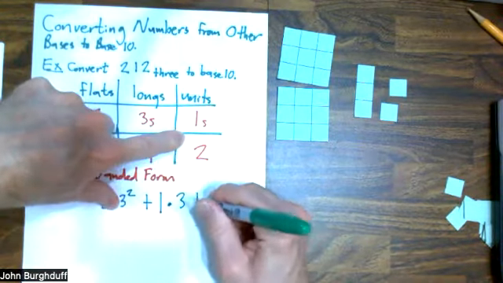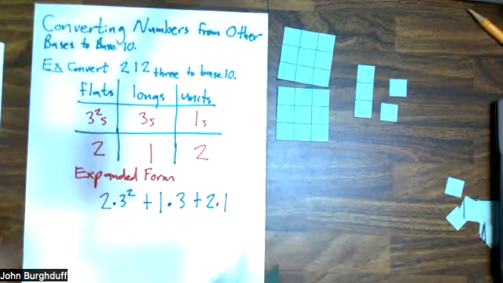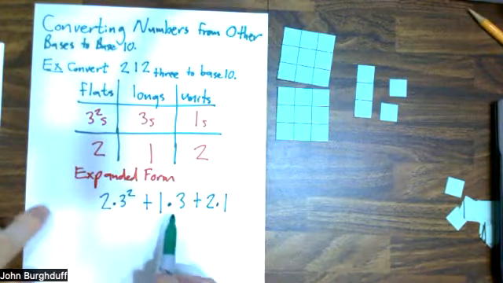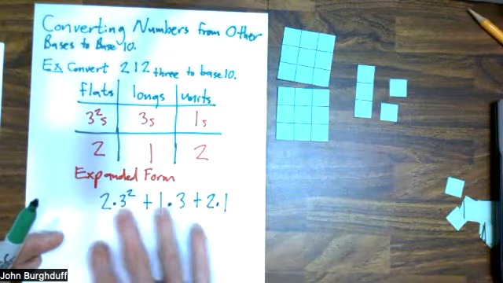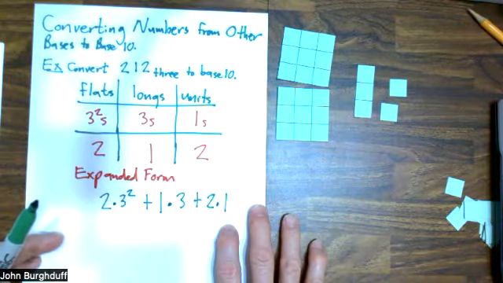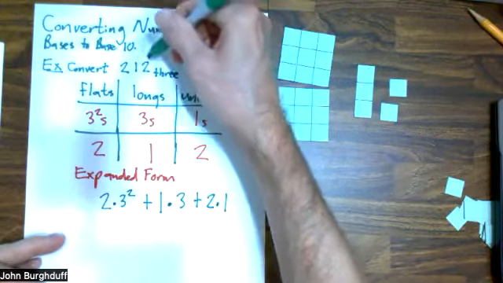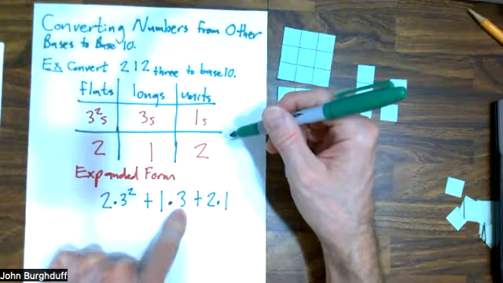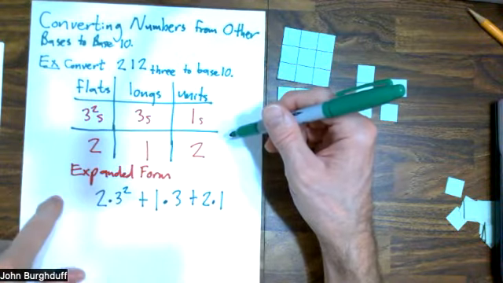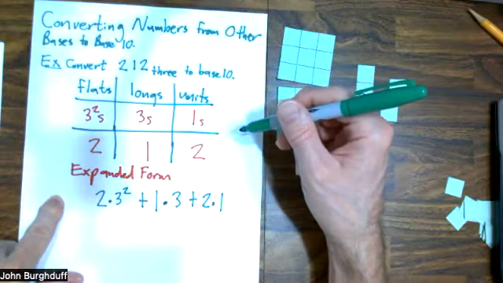And 2 units means I have simply 2 times 1. This would be the number 212 base 3 written out in expanded form, emphasizing how each place value is a power of 3. This is essentially 3 to the 0, 3 to the 1, 3 squared, and then there'd be a 3 cubed if need be, as you go from there.